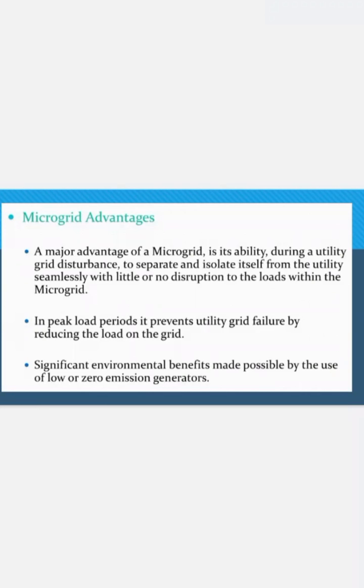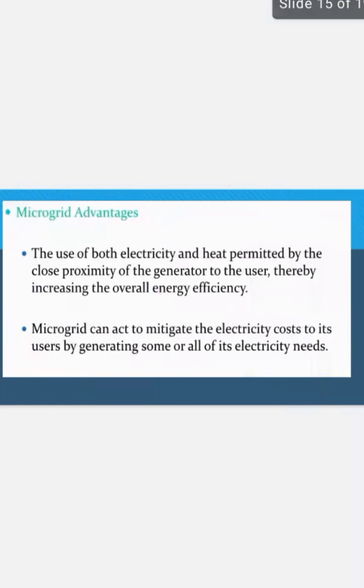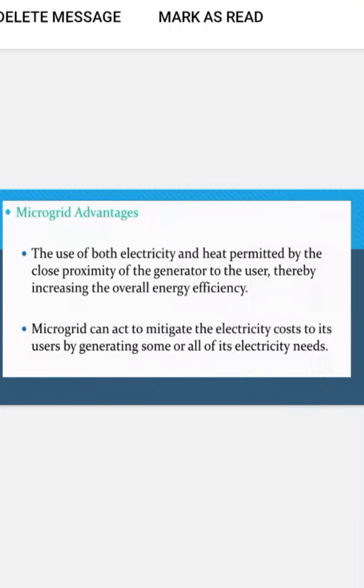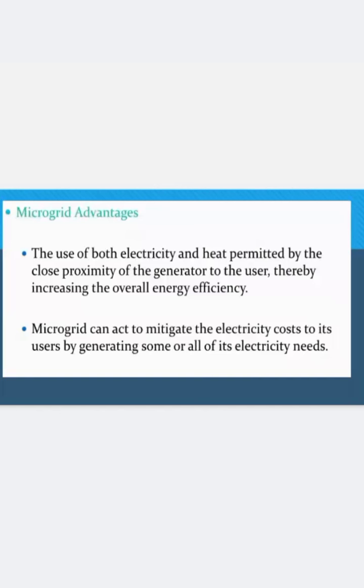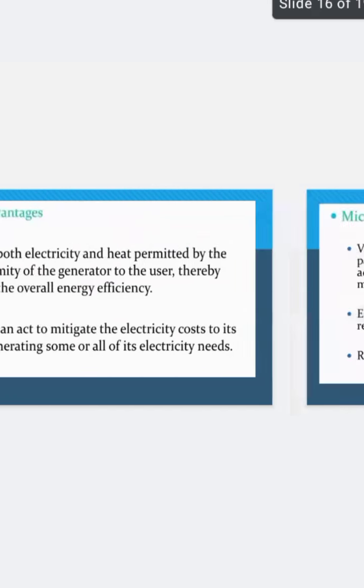Also, significant environmental benefits are made possible by the use of low or zero emission generators. The use of both electricity and heat and the close proximity of the generator to the user increase the overall efficiency of the microgrid. Microgrid can act to mitigate the electricity cost to its users by generating some or all of its electricity needs.